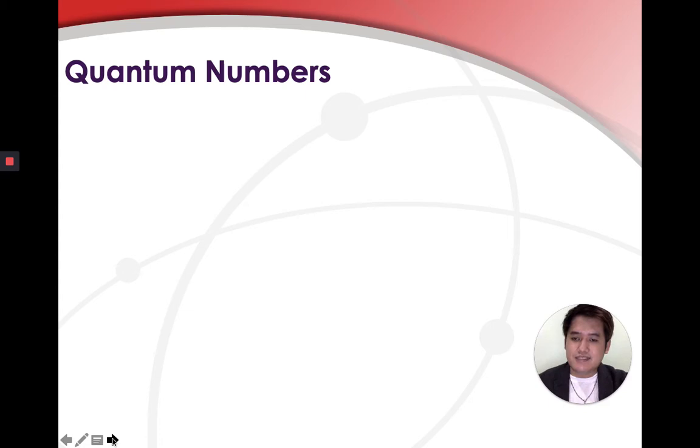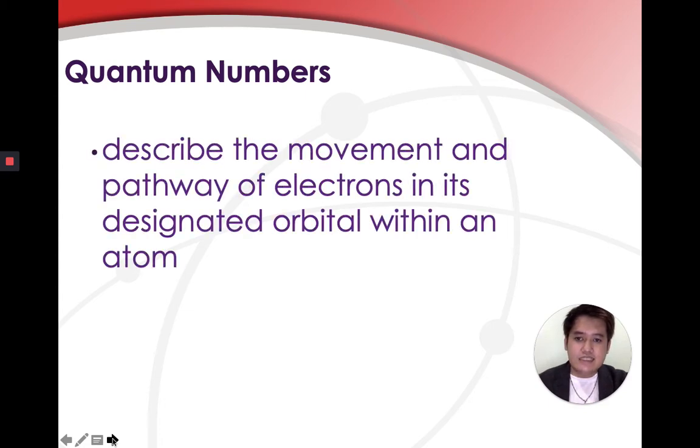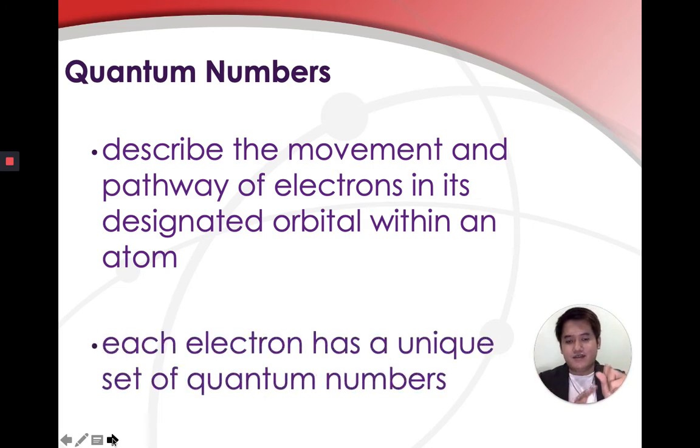Now we talk about quantum numbers. These are basically solutions to Schrödinger's equations, and they describe the movement and the pathway of electrons in their designated orbital within an atom, within that particular volume of space. Each electron has a unique set of quantum numbers. So the one electron in hydrogen has a set of quantum numbers of its own.